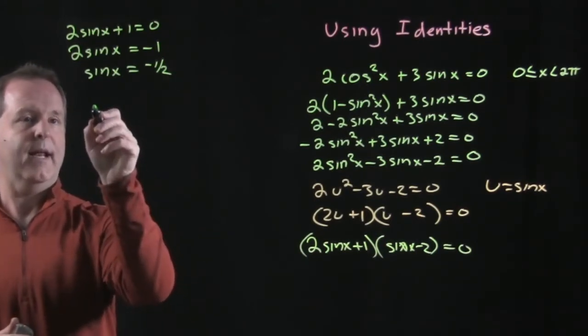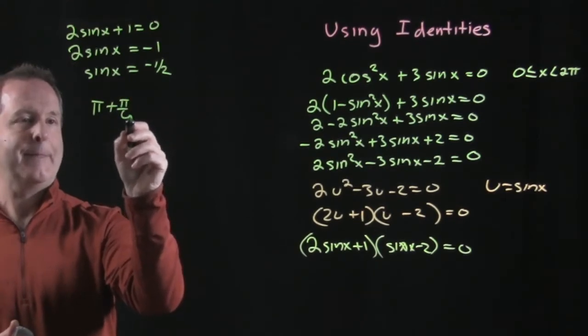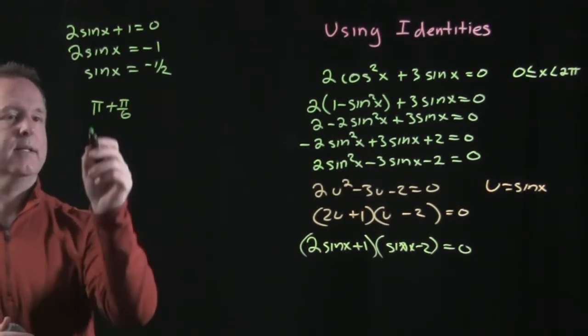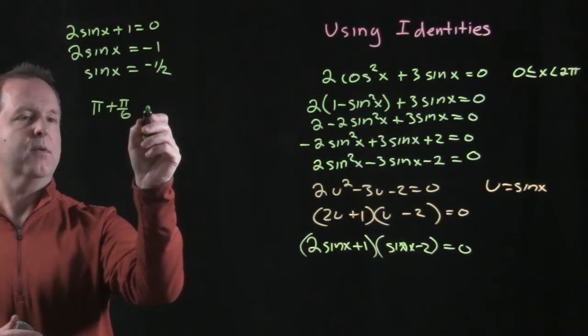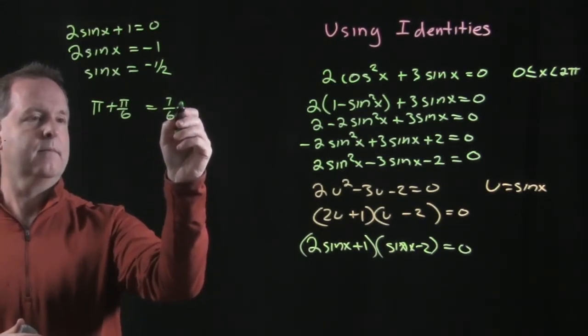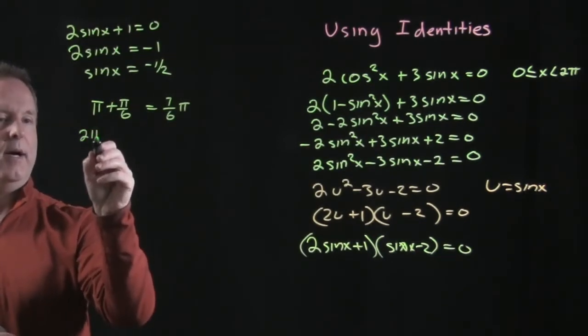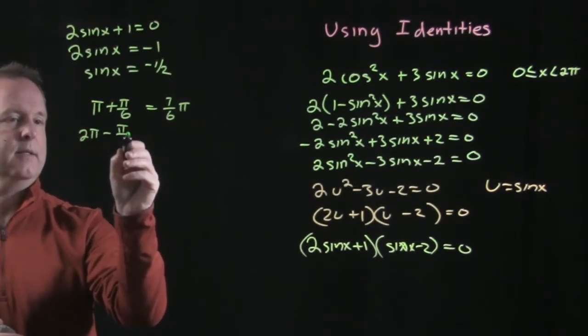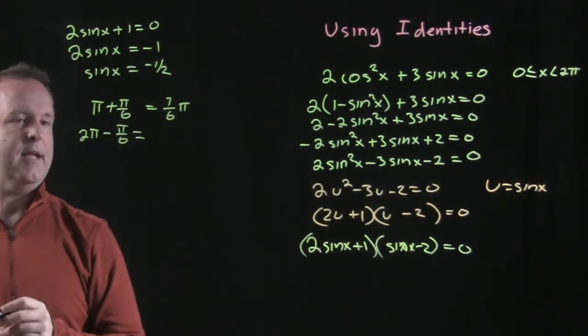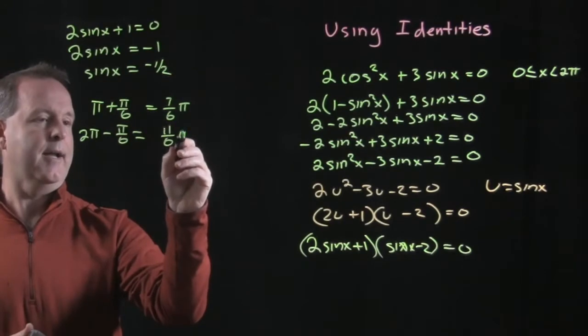So one place in the third quadrant, that's pi plus a pi sixth, where that's true. And that equals 7/6 pi. And the other one's in the fourth quadrant, so let's go to 2 pi, take away a pi sixth, and that equals 11/6 pi.